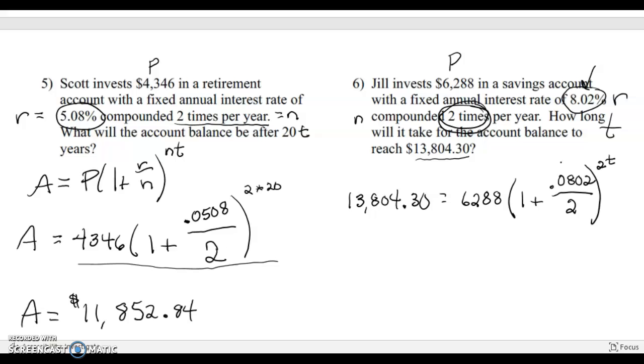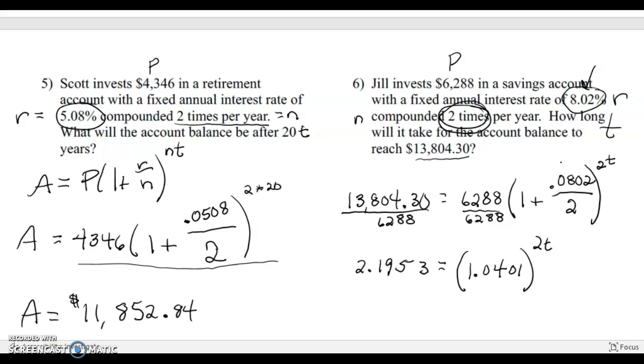Okay, I'll divide both sides first by 6,288. All right, I divided this and I got 2.1953, and I added this all together and I got 1.0401 to the 2T power.